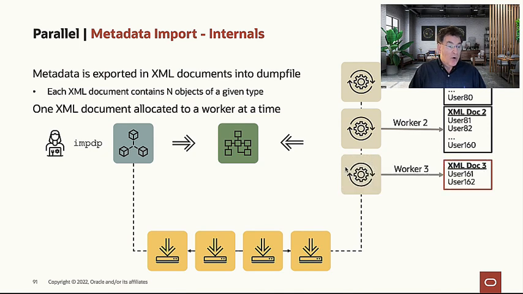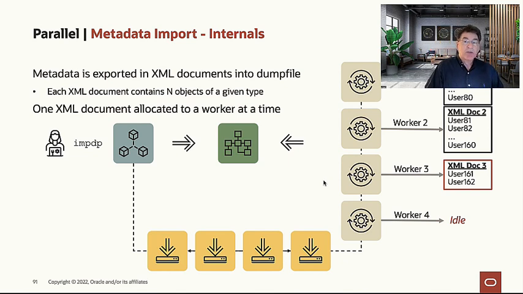And then one worker is going to import the last two users while other workers may actually remain idle. Now this works for conventional dump file imports as well as transportable tablespace imports since release 21c. The restart works the same as always, and the status command will show multiple workers on the metadata.